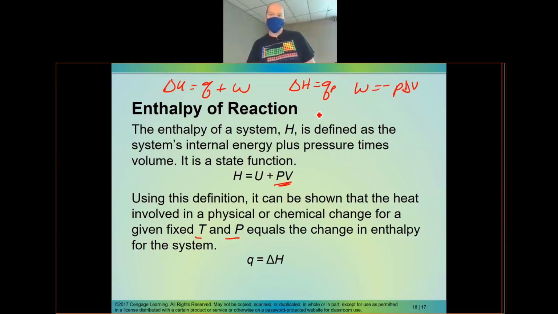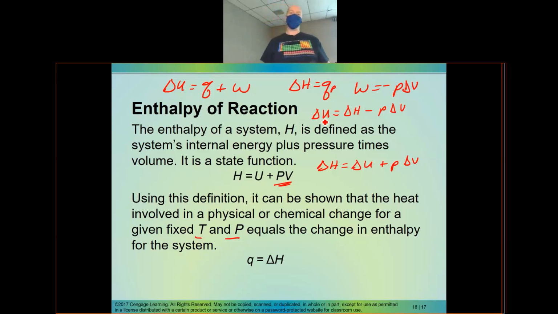When you rearrange that, you get delta U is equal to delta H minus P delta V. They have rearranged it here, adding the P delta V to both sides, so delta H is equal to delta U plus P delta V. They just did a substitution for the work and for the heat.